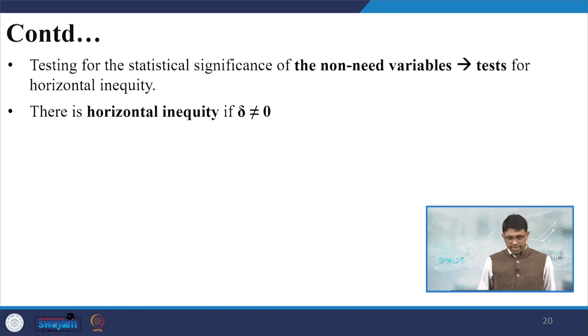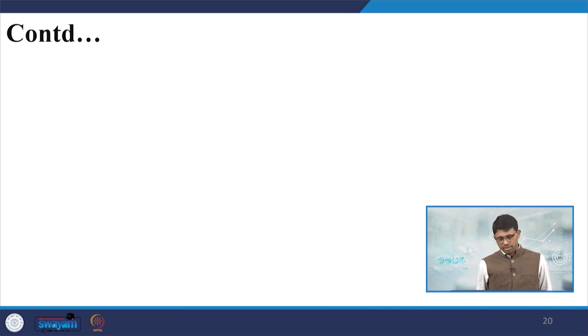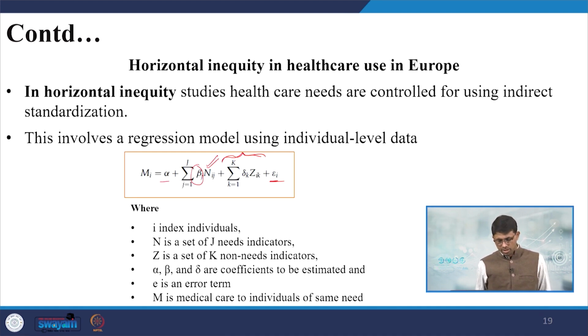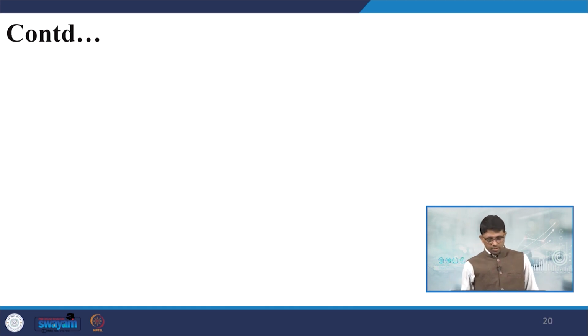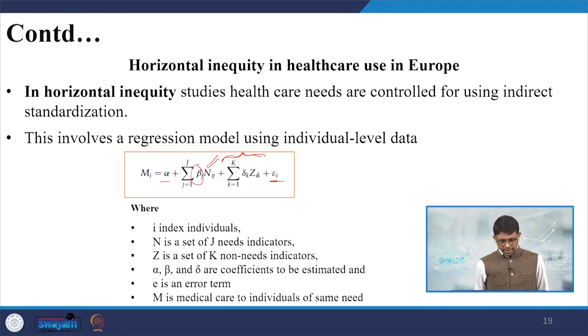How do they actually do it? Testing for the statistical significance of the non-need variables is the test for horizontal inequity. There is horizontal inequity if that delta value is other than 0. Alpha, beta and delta are coefficients, as already mentioned.